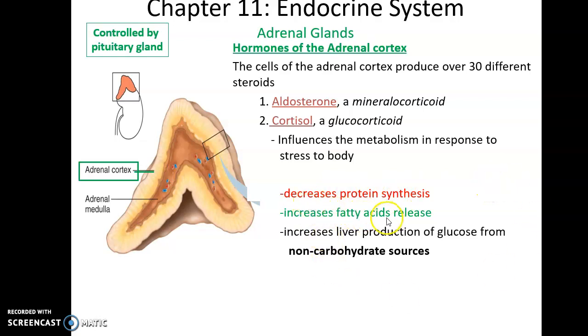It increases the release of fatty acids, which can then be used as an energy source. And it increases liver production of glucose, but specifically glucose from non-carbohydrate sources. So now the liver is breaking down, say, amino acids to produce glucose. So it makes sense now: you need to decrease protein synthesis if you're using up amino acids to make glucose.